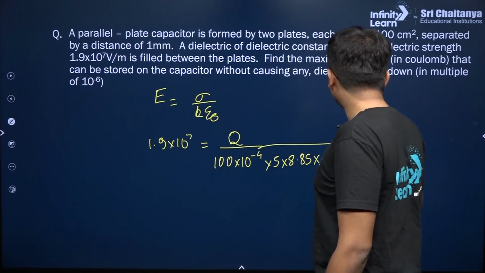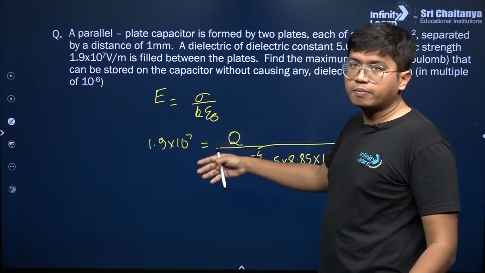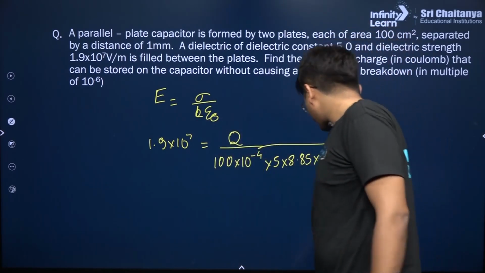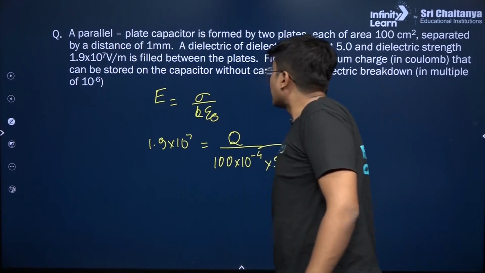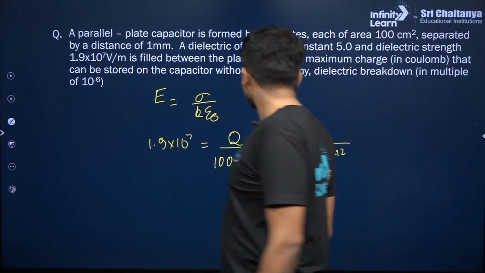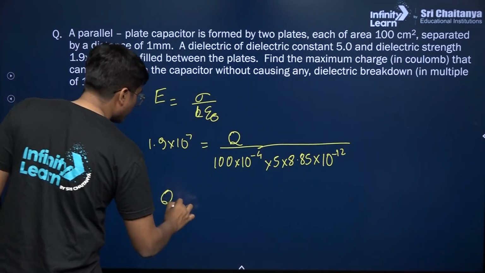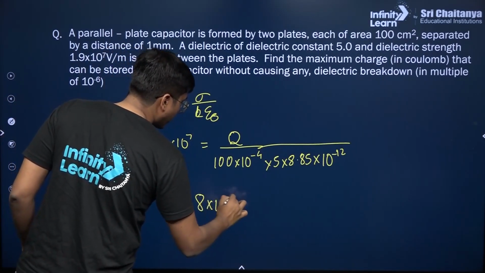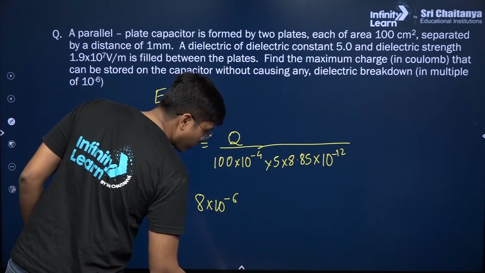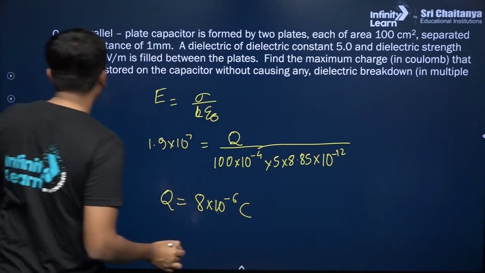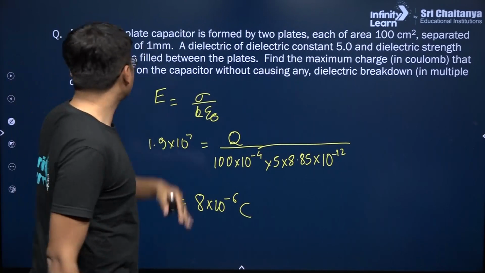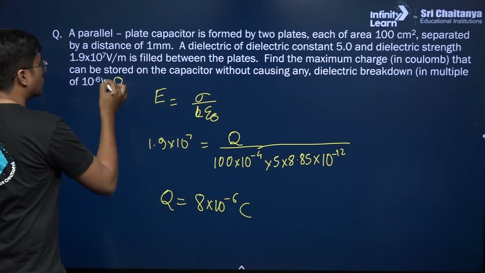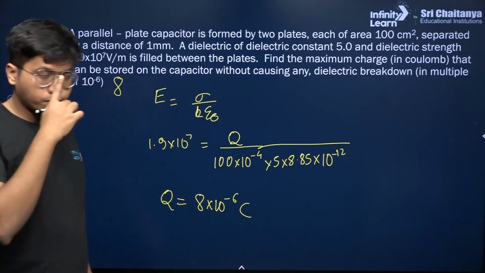I won't go into the calculation, you have to cross multiply over there to get the value of Q, and you would get Q as roughly 8 into 10 to the power minus 6. Is that what we get? Yep. So since we want it in multiples of 10 to the power minus 6, the answer would be 8 for this.